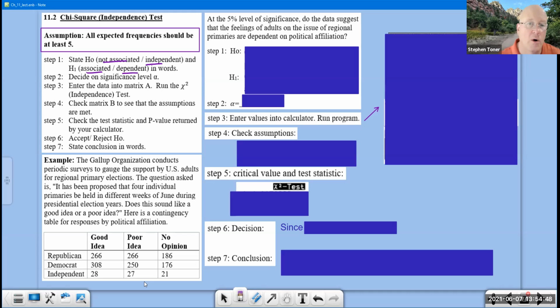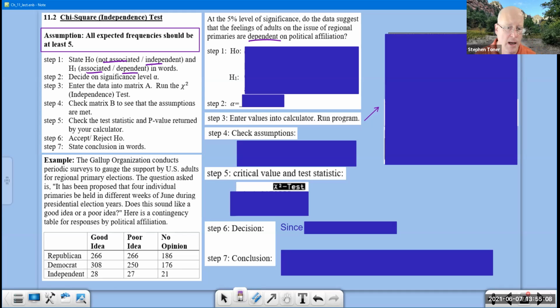And we want to know, at the 5% significance level, do the data suggest that the feelings of adults on the issue of a regional primary are dependent, there's our key word that kind of helps us out there, on political affiliation.